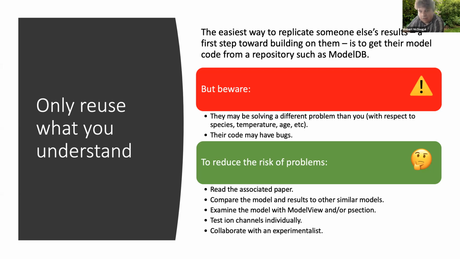And if you're not sure about something, the best way to get insight is to have an experimentalist friend that you can ask questions and collaborate with. You don't want to be making up biology as you go along. So please try to make sure, and this is true for ModelDB, really for any resource you want to use. This is true for Stack Overflow, by the way.